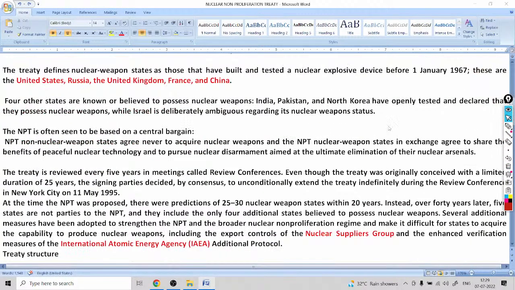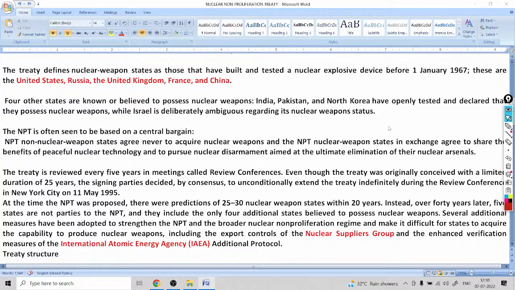Four states are known to be armed with nuclear weapons: India, Pakistan, and North Korea have openly tested and declared that they possess nuclear weapons, while Israel is deliberately ambiguous regarding its nuclear weapon status. So the world community knows very well that India, Pakistan, North Korea, and Israel have nuclear weapons, because India has tested, Pakistan has tested, North Korea has tested, and Israel, although it has not tested, has maintained ambiguity in its nuclear program.